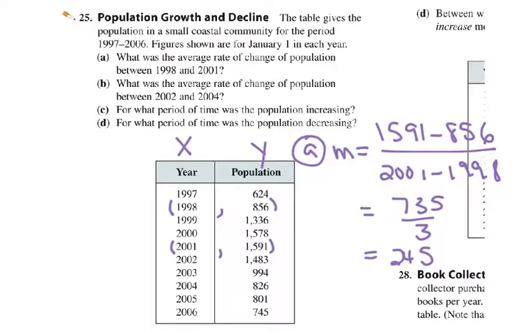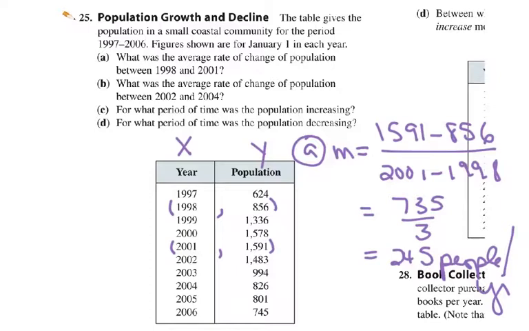It's great if you can get the numerical part of the answer. The hard part is giving me the units of measurement. So the population in this town is changing 245 people per year.